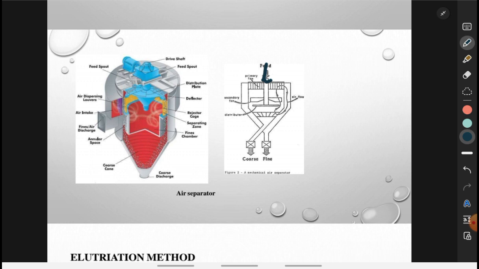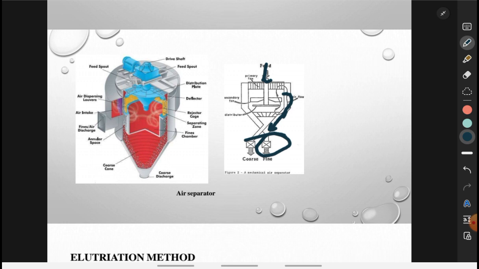Then the fine particles are picked up by the draft and carried into the space. Here you can see there is the space. If the fan rotates, the fine particles will come here, and they are carried out to where the air velocity is sufficiently reduced, so that they are removed at the discharge point for the fine particles.